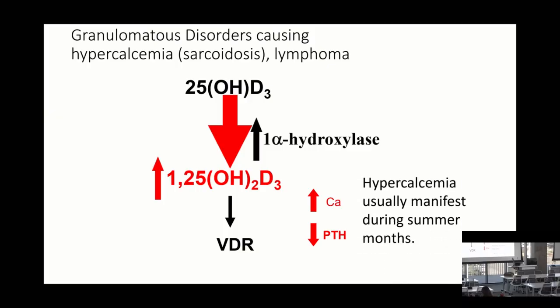And as you can tell, because vitamin D, which we're going to talk about in the subsequent slides, is produced by sunlight, UV light, in patients that have problems with excess vitamin D stimulation from 1-alpha hydroxylase, it makes sense that if you have a lot of 25-hydroxy-D made by sunlight during the summer months, you're going to have more 1,25.